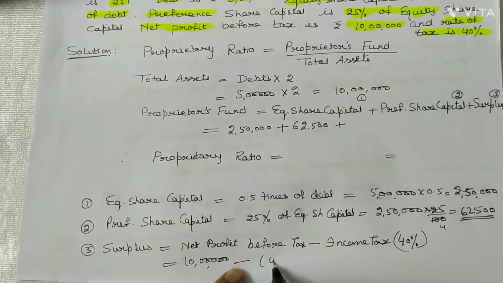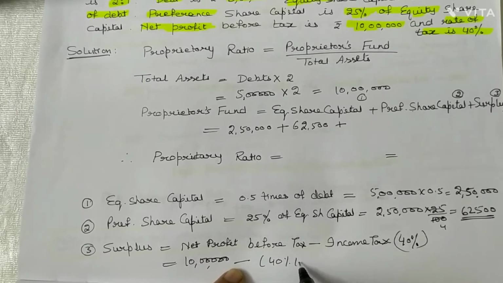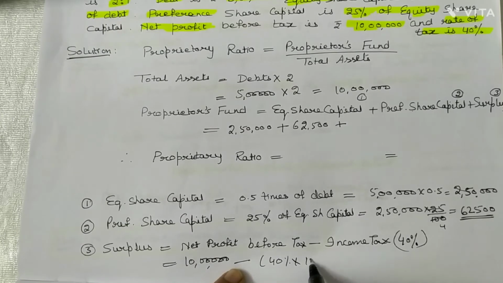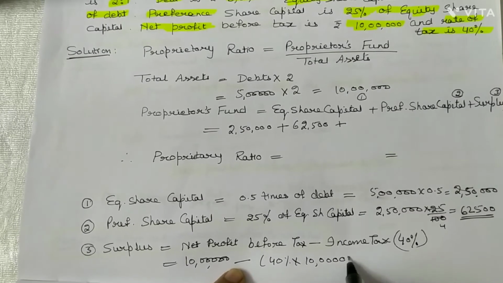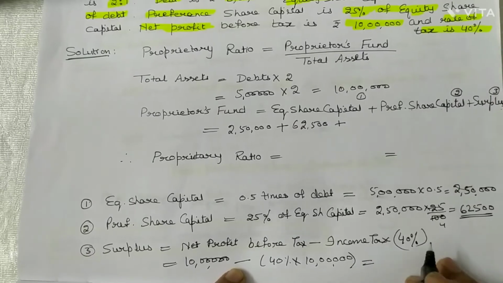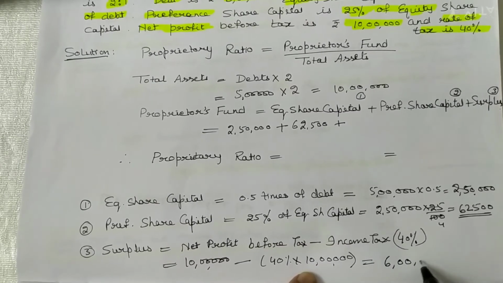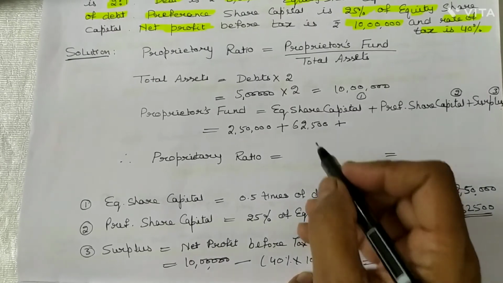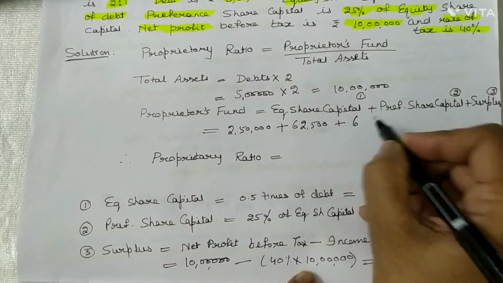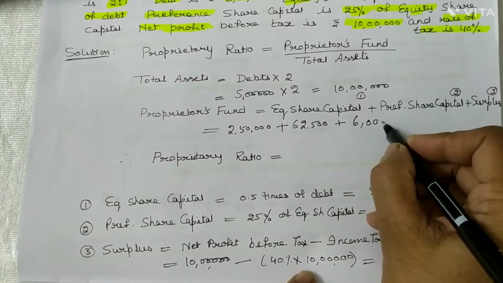So 40% of 10 lakh is equal to 4 lakh. 10 lakh minus 4 lakh is equal to 6 lakh. This is surplus, net surplus. So you have to write it here, 6 lakh.